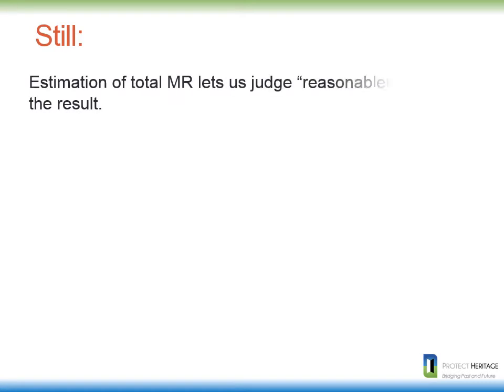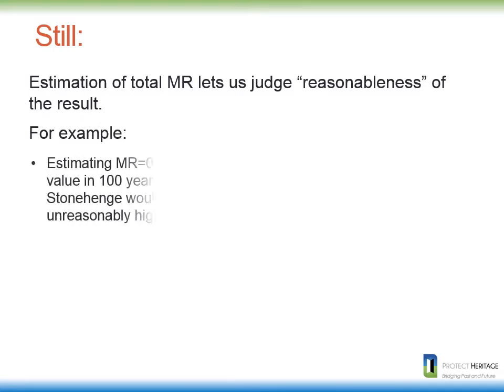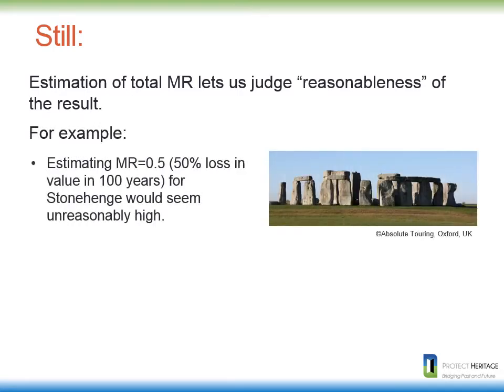Still, estimation of total MR by summation of generic risk MRs does afford an opportunity to judge the overall reasonableness of a result. For example, estimating the risk of 0.5 or 50% loss in value over the next 100 years for Stonehenge would seem unreasonably high.